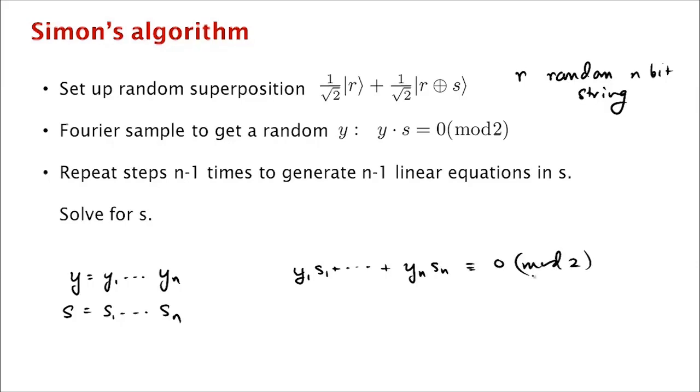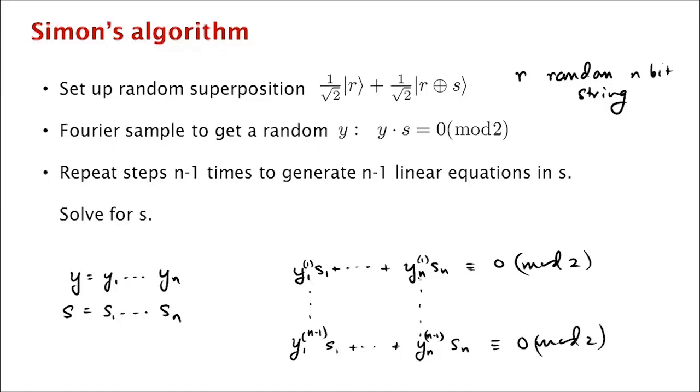And now we are going to repeat this process n minus 1 times. So we get n minus 1 such linear equations. Let me call this the first linear equation, and this the n minus first linear equation. Remember, these yi's are all known.